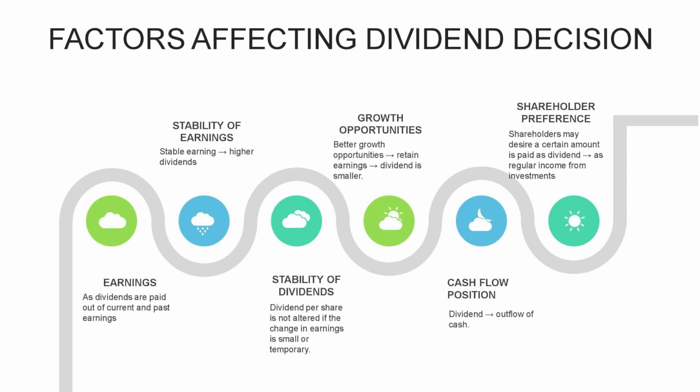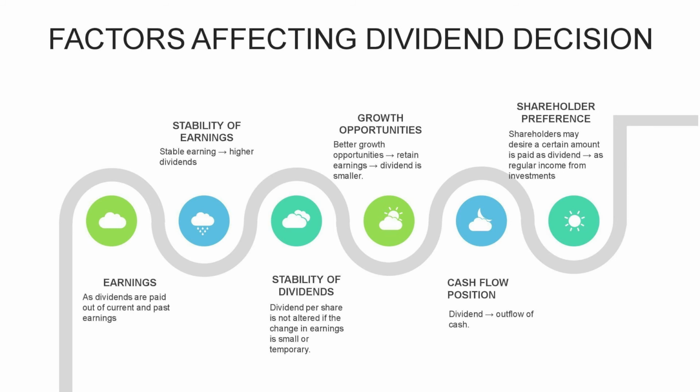I always say that if you remember, the dividend decisions are policy decisions of the organization. Growth opportunities: if there are better growth opportunities that the firm is seeking in the upcoming time period, then retained earnings should be given more preference over dividends to the shareholders.